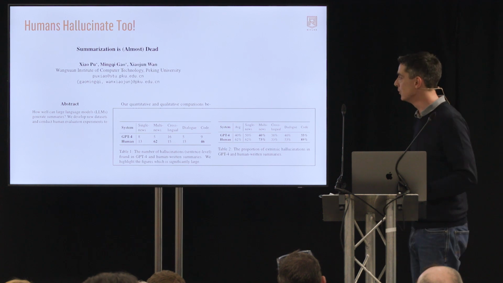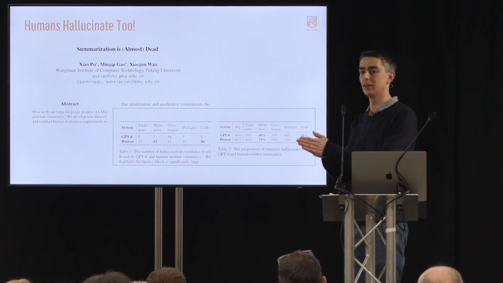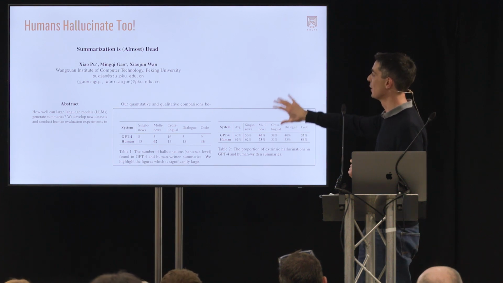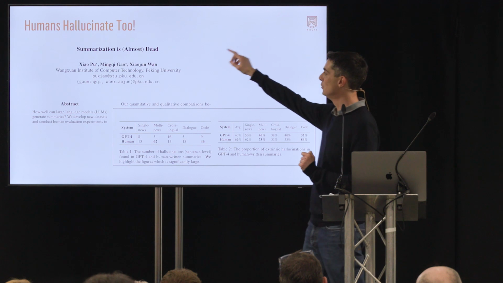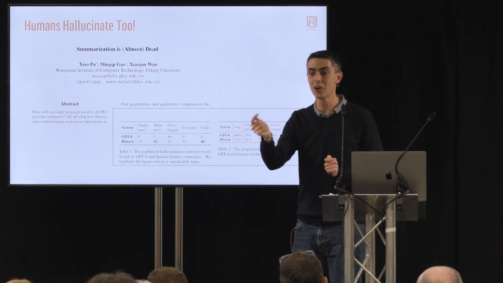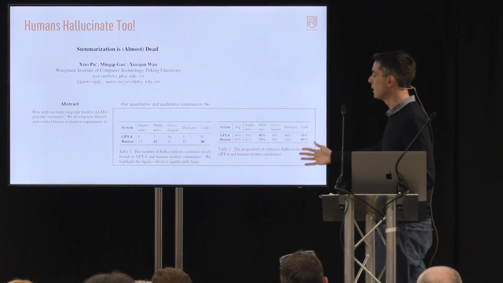But when you're talking about these technologies, you have to remember what the state of the art is, and typically it's people. One of the interesting things when I was reading up on summarization is that humans hallucinate too. If you ask humans to do this task, they bring their own biases, they make mistakes, they don't do it perfectly. This paper was interesting.